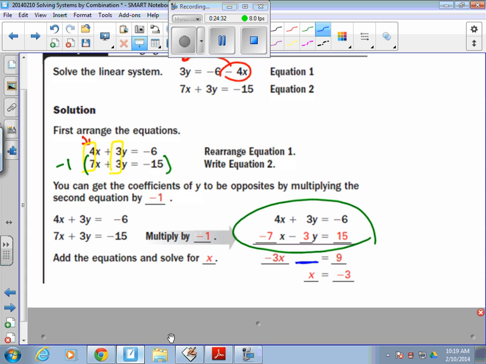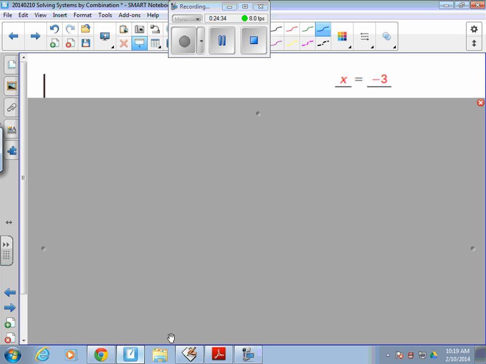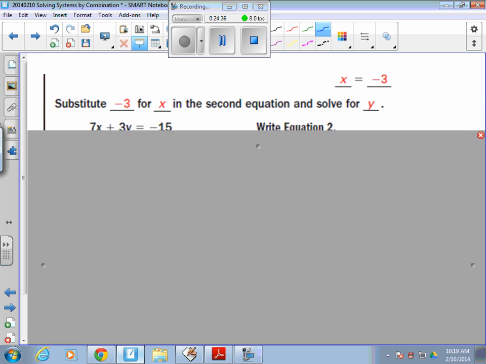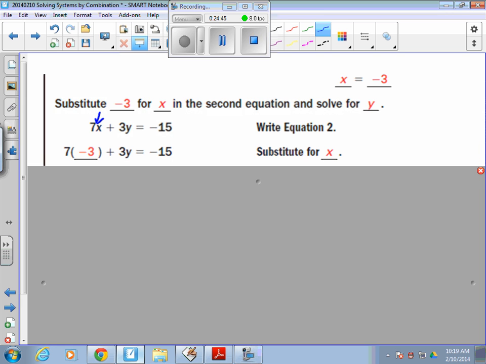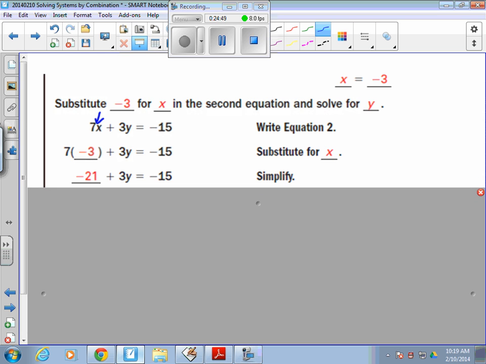So once you have your value for x, plug it in order to find your value for y. Choose the second equation. Instead of 7x plus 3y equals negative 15, 7 times negative 3 plus 3y. 7 times negative 3 we know is negative 21. Plus 3y equals negative 15. Get rid of negative 21 by adding it.